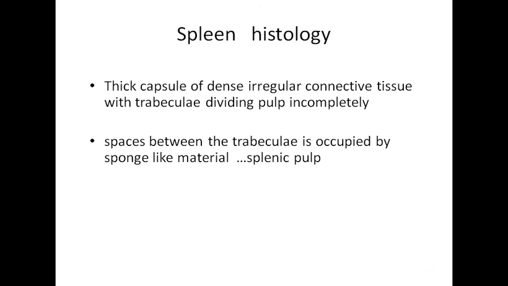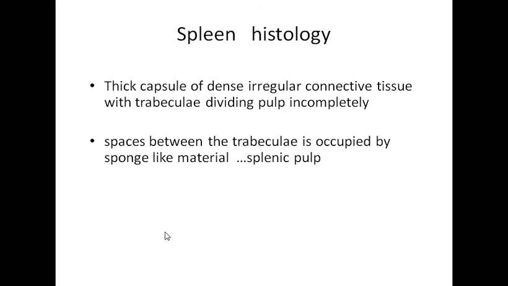Now we'll talk about the histological features of the spleen. When we look at the structure, we can see that it is a capsulated structure, right? Whenever we talk about the capsule of any structure, this capsule is made up of dense irregular connective tissue, right?